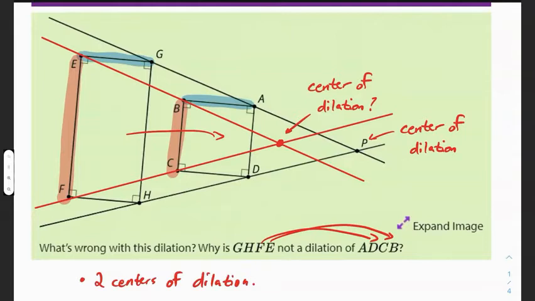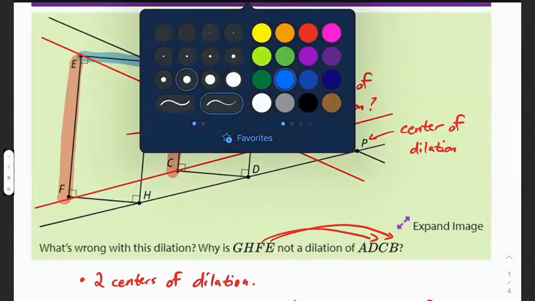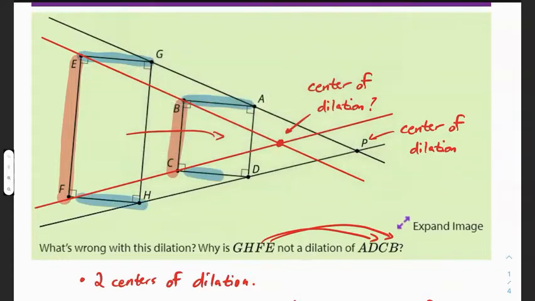Also, you don't have a universal or constant scale factor, because the blue sides, let me highlight them, look like they stay the same.